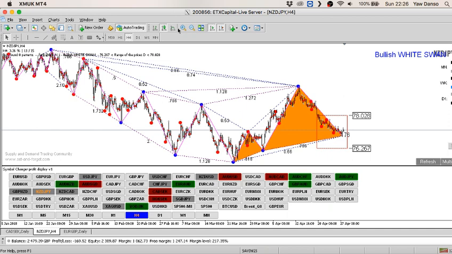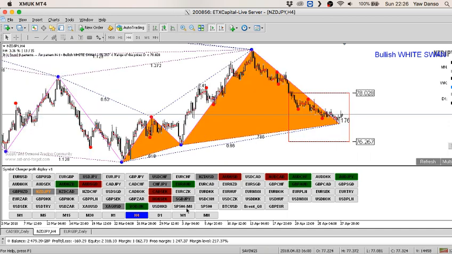This one. It won't take me long to analyze it, in the sense that at the moment I'm waiting. I want to buy this pair, but I want a good price, and the price I'm looking for is somewhere down here.